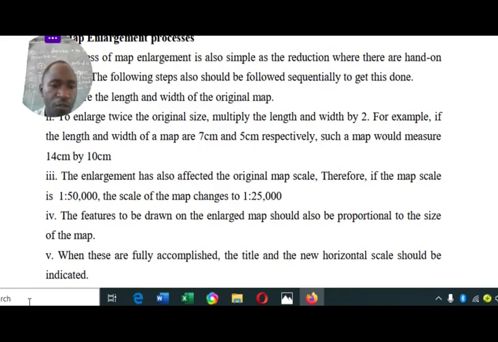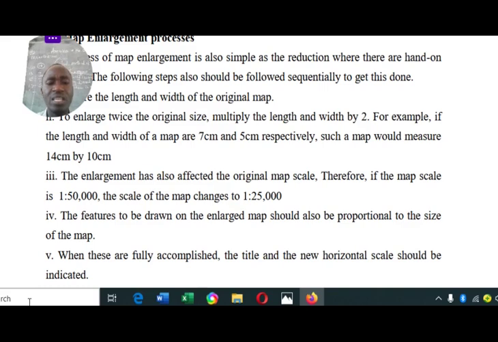For example, if you have the length appearing on a map as 7 centimeters and the width around 5 centimeters respectively, when we multiply by 2, the 7 centimeters becomes 14, and the other side gives us 10 centimeters. In other words, the map is enlarged.